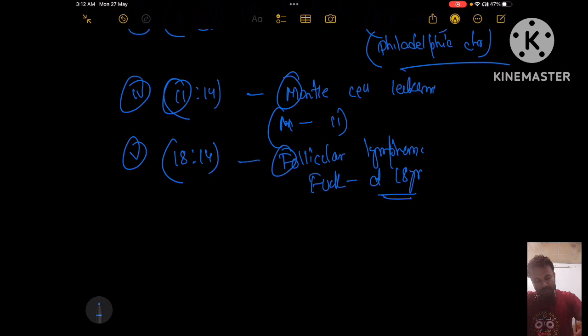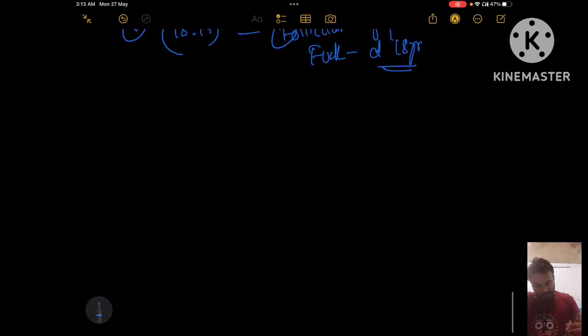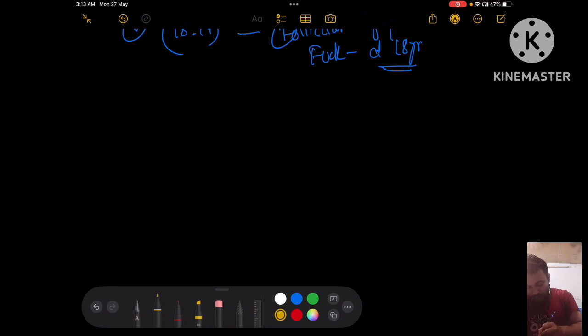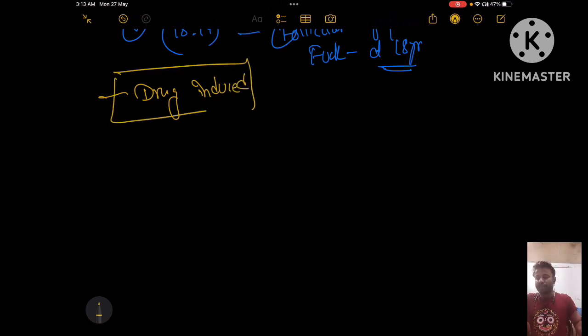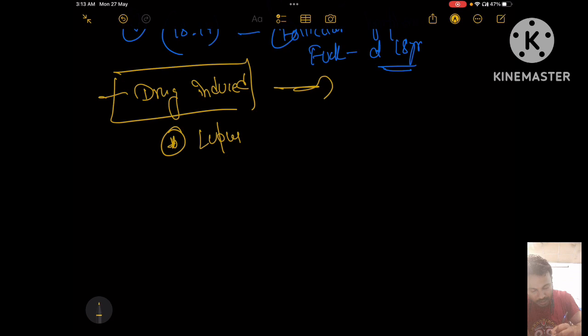Next, some important points regarding drug induced conditions. It is a very important point. First of all, in drug induced lupus, we can see lupus nephritis.